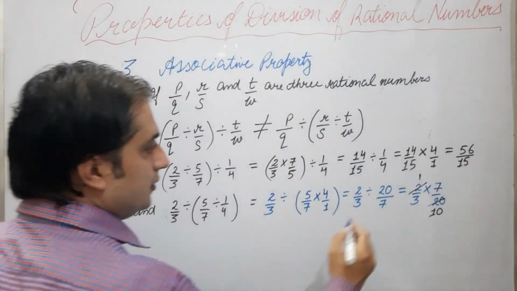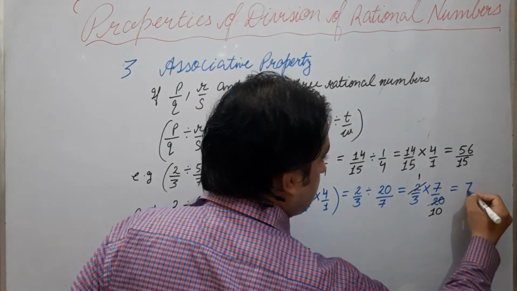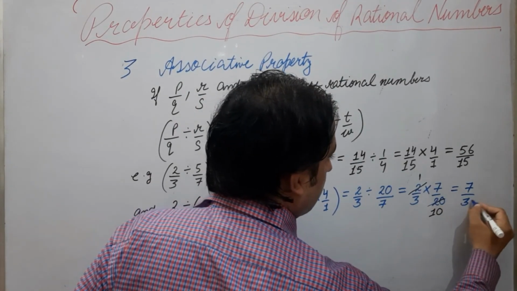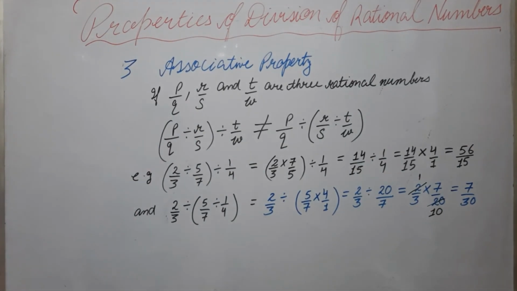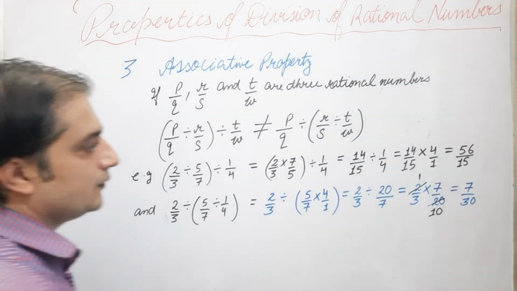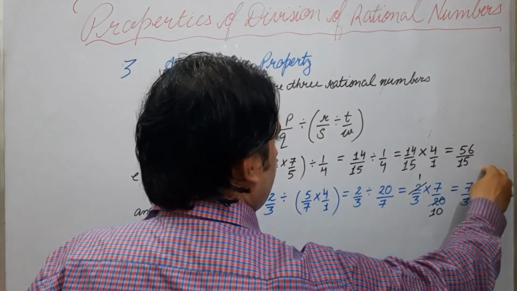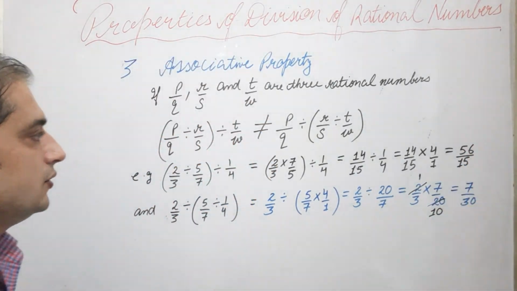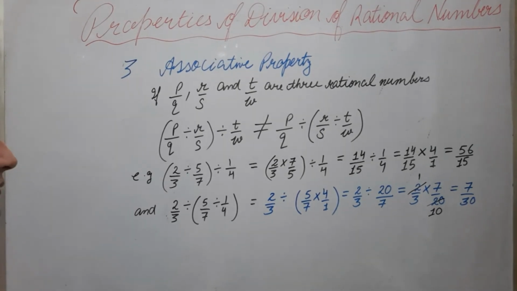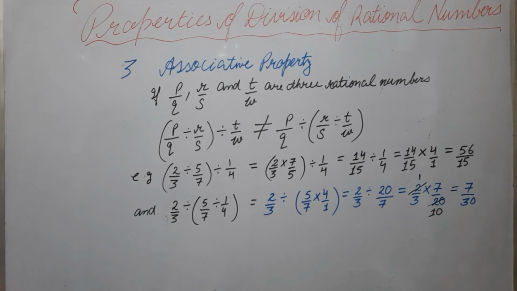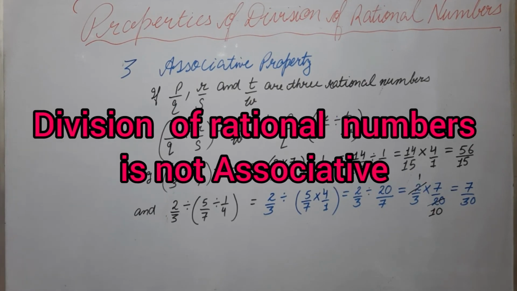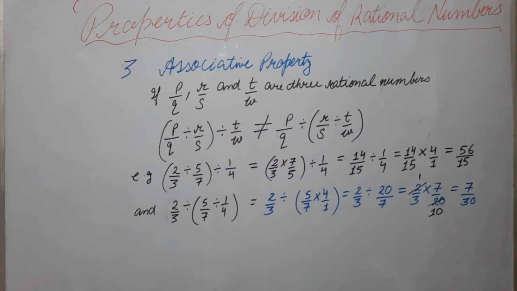So multiply 1 into 7, 7, 3 into 10, 30. You will see in both these orders, here is 56 upon 15, here is 7 upon 30. So you can say that the division of the three rational numbers is not associative. So these are the properties of division of rational numbers.